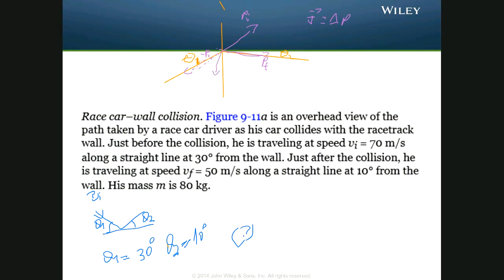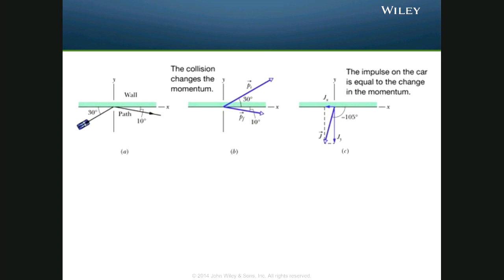So that would be delta P. But we'll verify that. As you can see with the picture, that's exactly what will happen: we have P final minus P initial. So we make that go the other way, and then you already see one of the answers, but you'll see that J is going to live in that third quadrant.